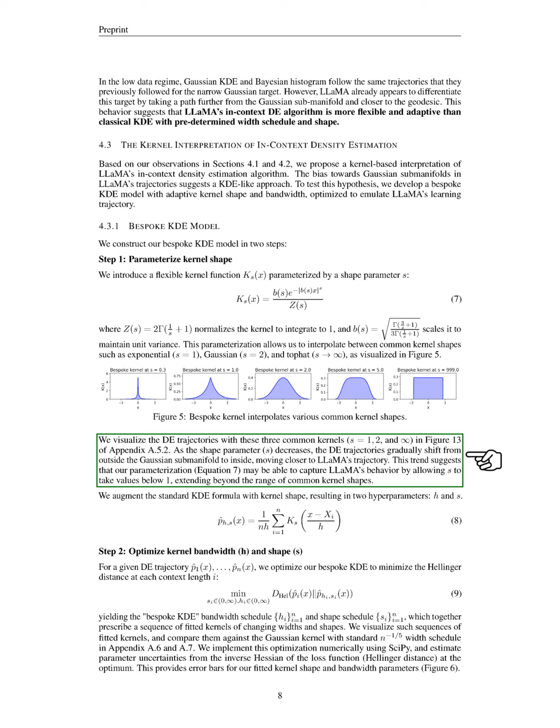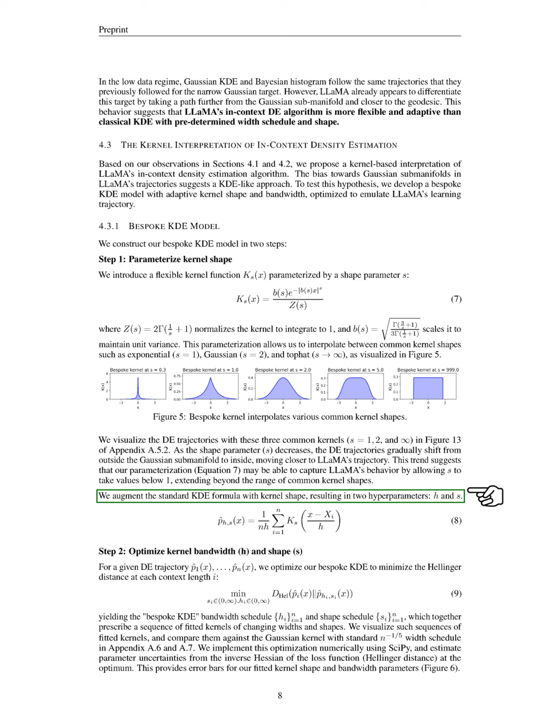This suggests that our parameterization can capture Llama's behavior by allowing the shape parameter to take values below 1, extending beyond typical kernel shapes. We enhance the standard KDE formula with kernel shape, introducing 2 hyperparameters, bandwidth and shape.